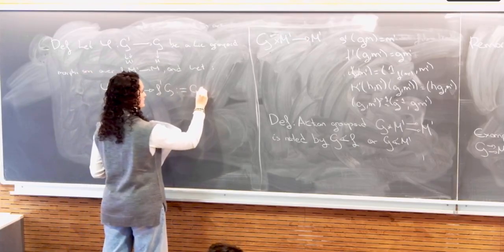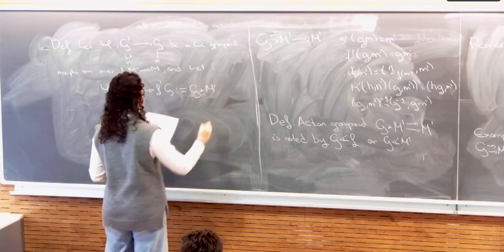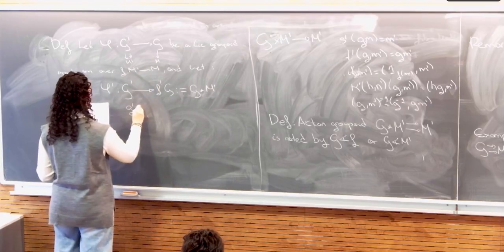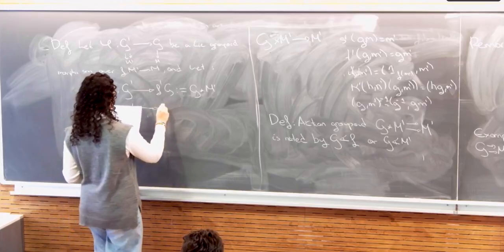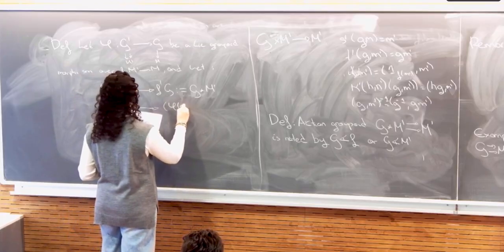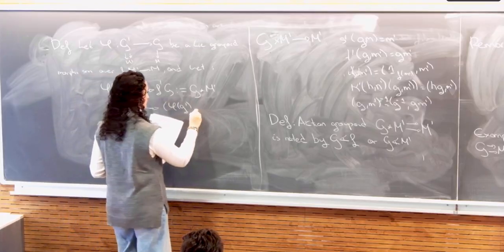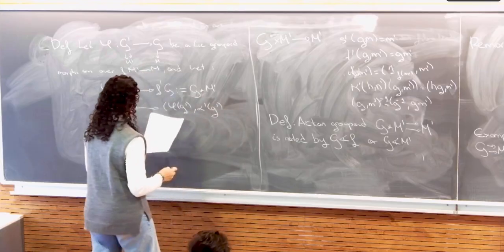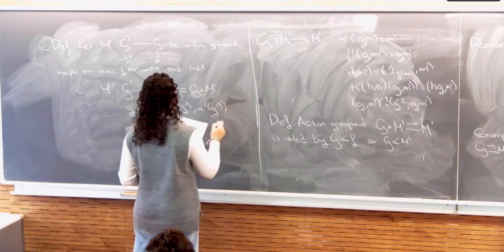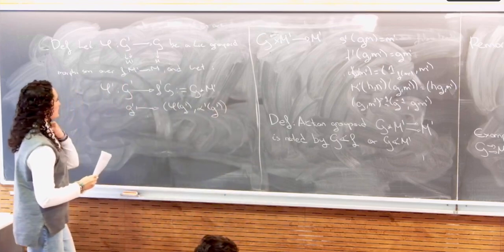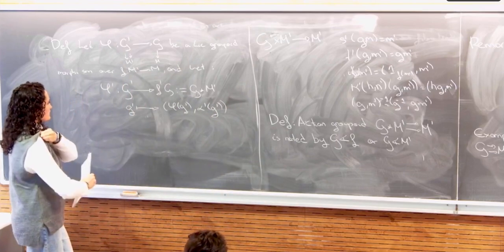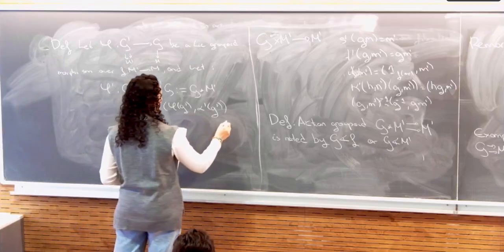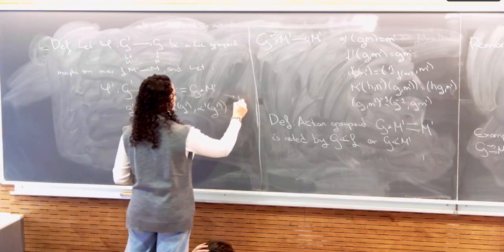This is always a manifold, so we can define this map and we want to provide an action that goes from this manifold to M prime.